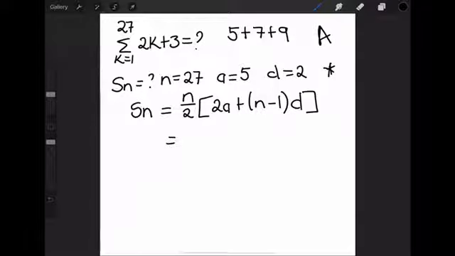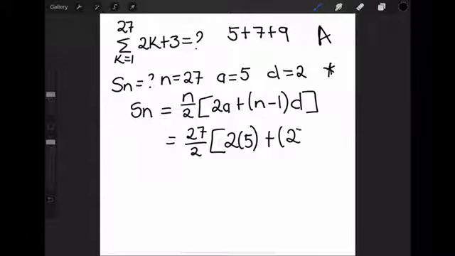So n is 27, over 2, times 2 times A, which is 5, plus n, 27 minus 1, times D, which is 2. Now, all you can do is fill that in your calculator, and you should get an answer of 837.